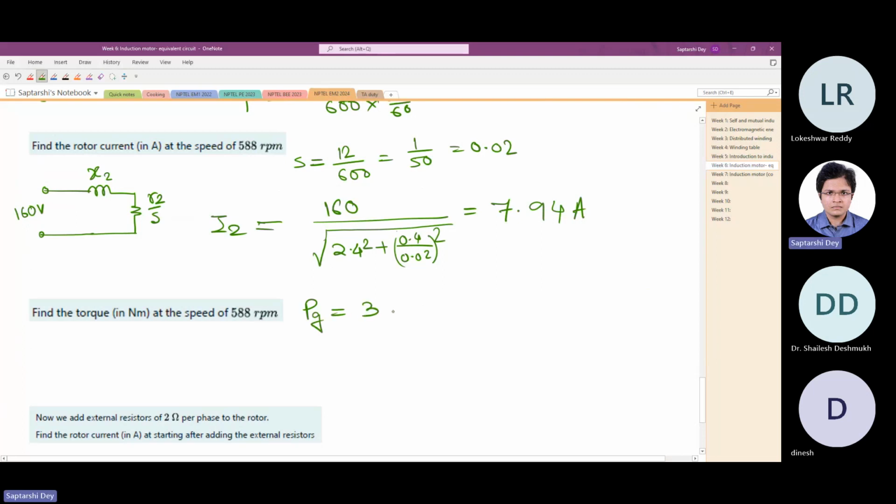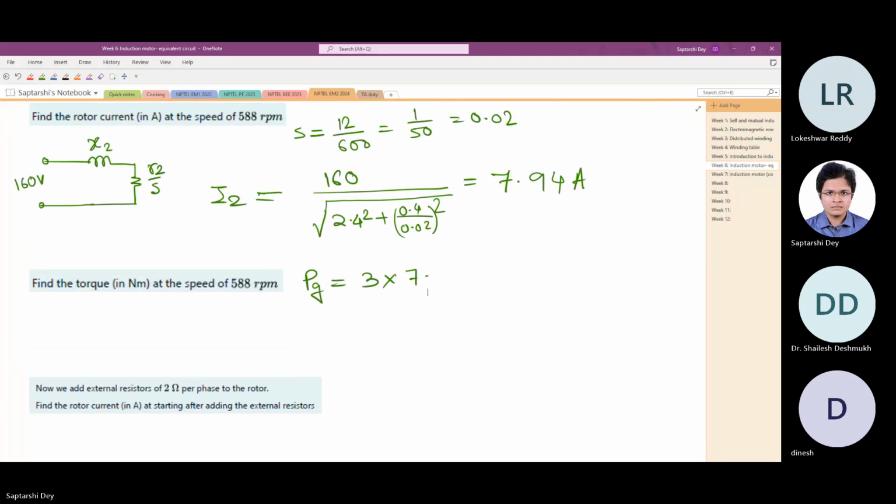Air gap power is 3 times I squared R2 by S. No, sorry, air gap power is 3 I squared R2 by S, with R2 by S being 0.4 by 0.02.